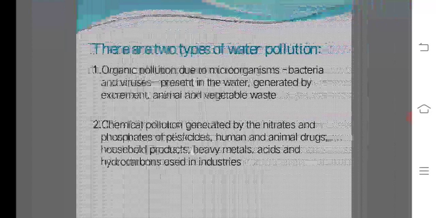Water pollution results when contaminants are introduced into the natural environment. For example, releasing inadequately treated wastewater into natural water bodies can lead to degradation of aquatic ecosystems.